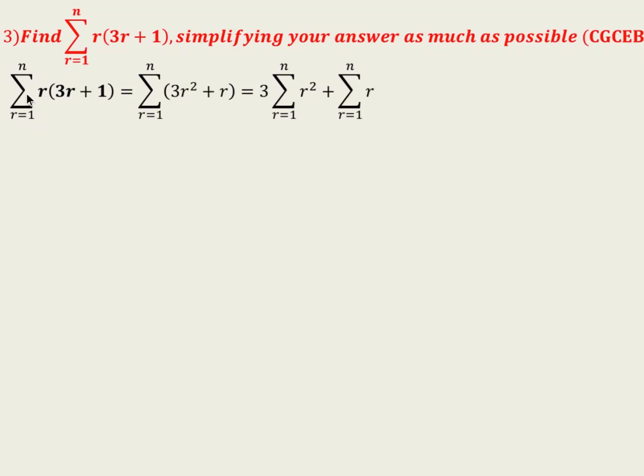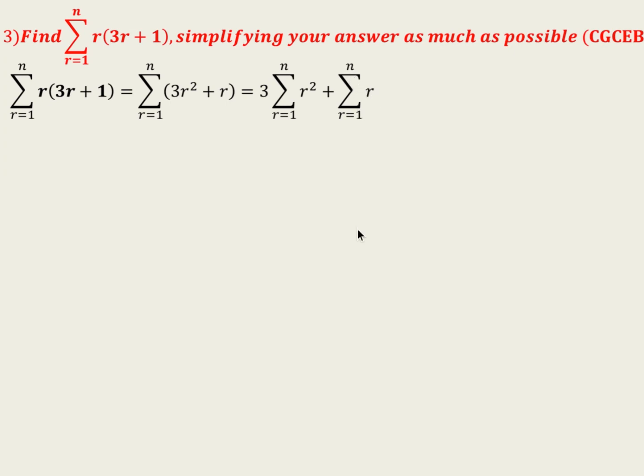Summation from r equals 1 to n of r into 3r plus 1 will be summation from r equals 1 to n of 3r squared plus r, when you expand the r into the bracket. We then distribute the summation sign to have 3 summation from r equals 1 to n of r squared plus summation from r equals 1 to n of r.